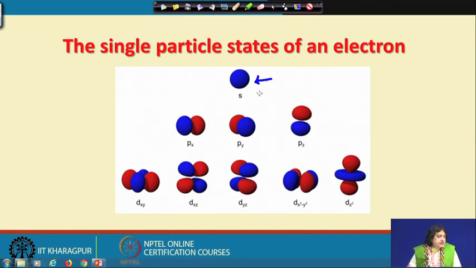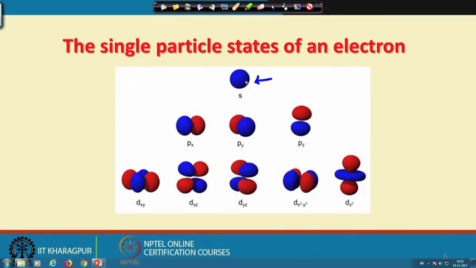This is a single particle state of the electron, where we have plotted a 3-dimensional plot for the probability of finding an electron around the nucleus of the atom with say 95% probability. This is called an isosurface.